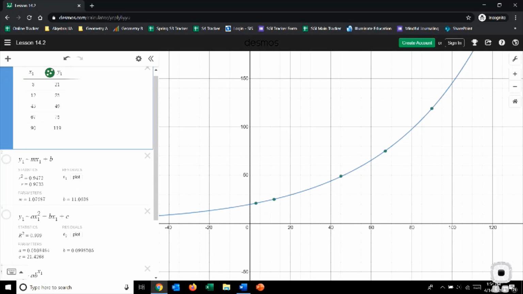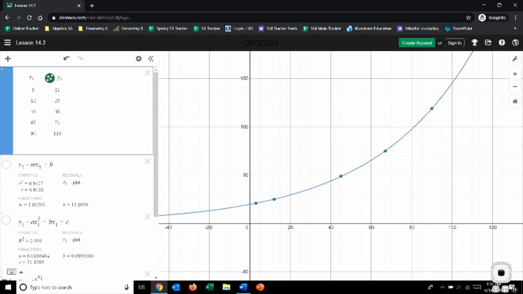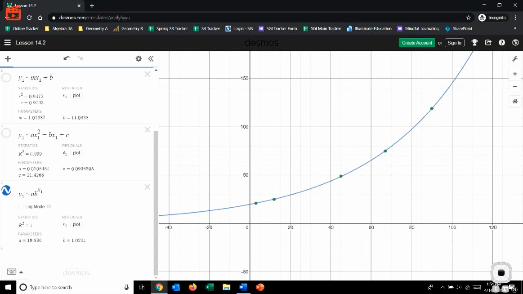What's great about Desmos is that it gives you the parameters. Parameters are the values of the coefficients, the values of the variables. A is 19.836 and B is 1.0201.